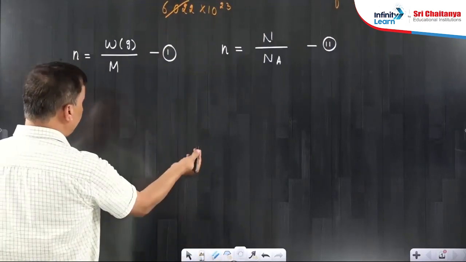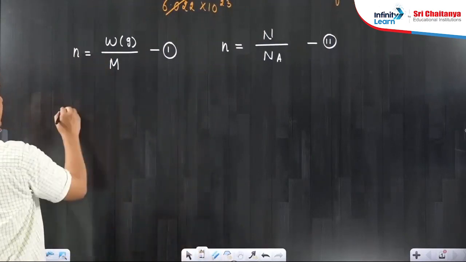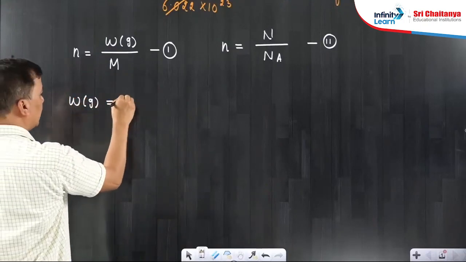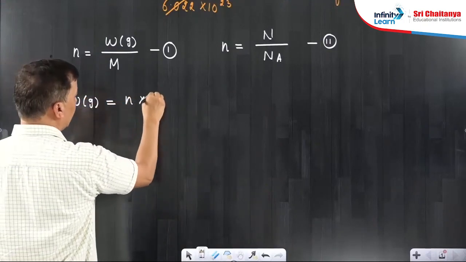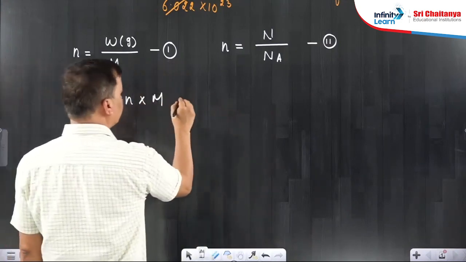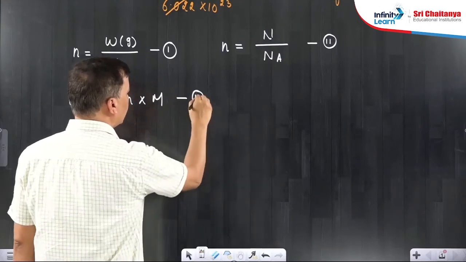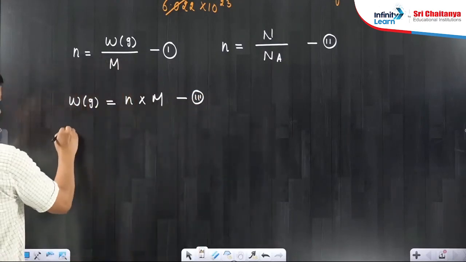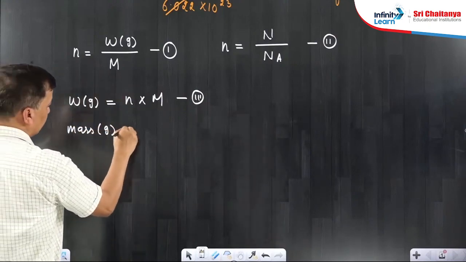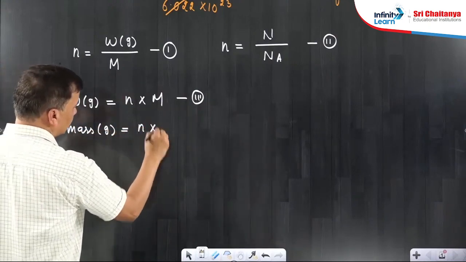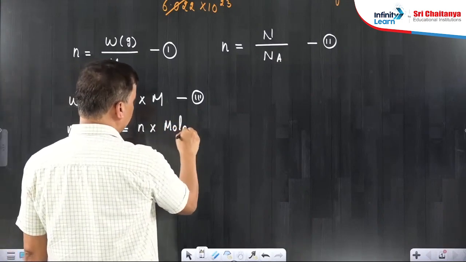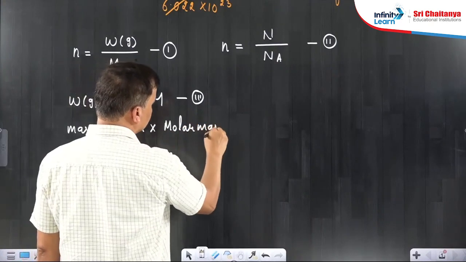Now from these two formulas, dear student, we can calculate the weight in grams, that is equal to number of moles into molar mass. So now we can calculate mass from this formula. This is mass in grams, equal to number of moles into molar mass.